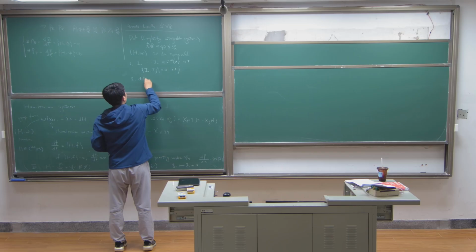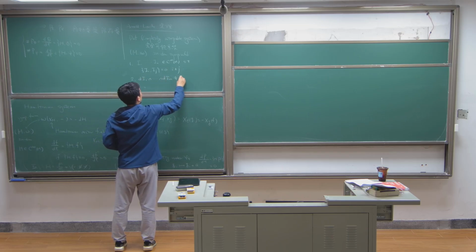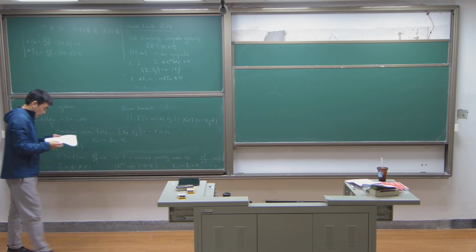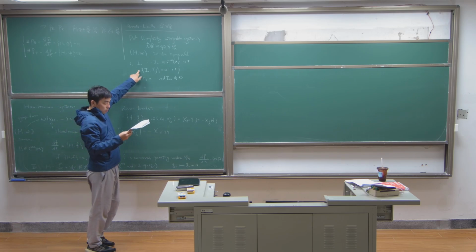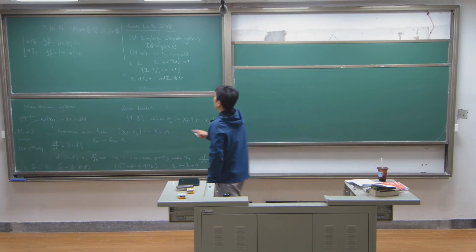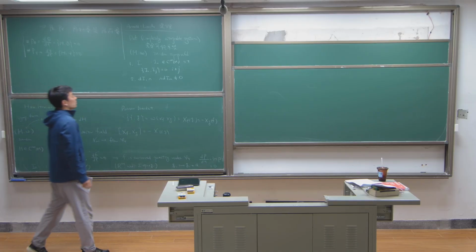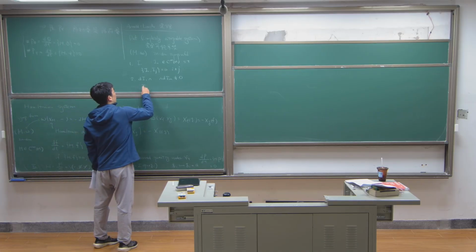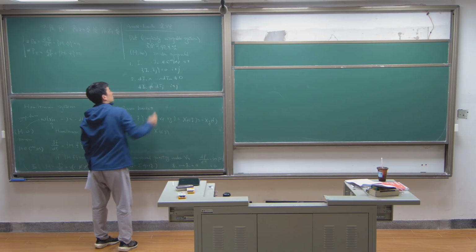And so they are, Poisson commute is called 互相对易, and then they are linearly independent. Which means that dI_i is not proportional to dI_j if i is not j. Okay.